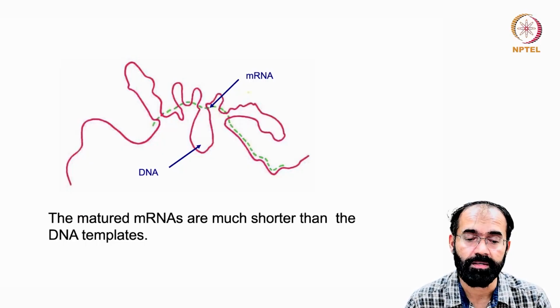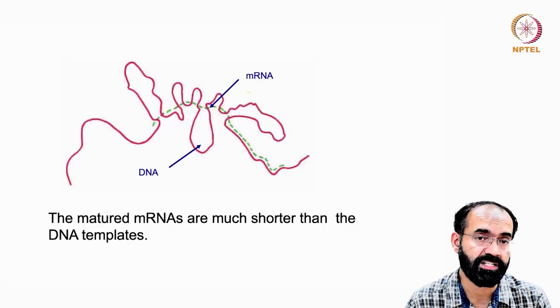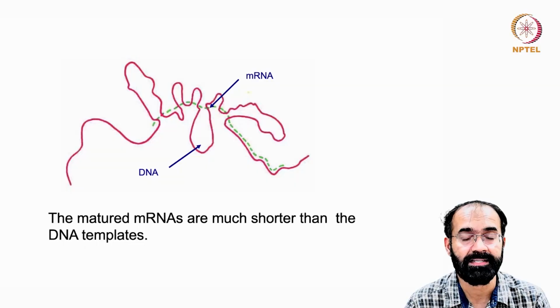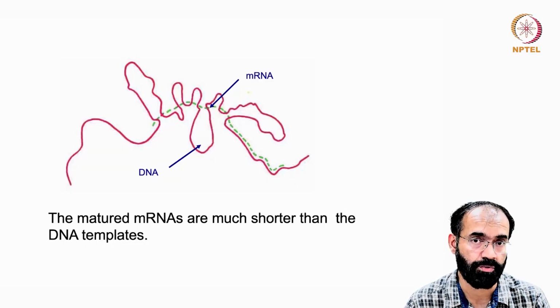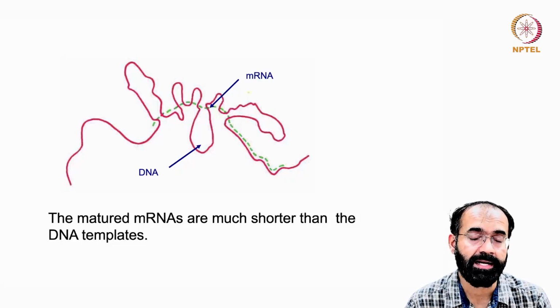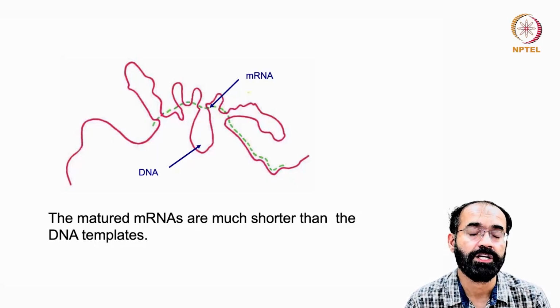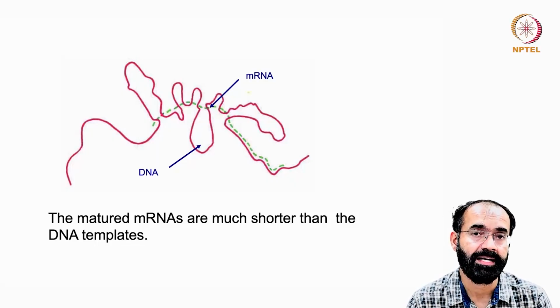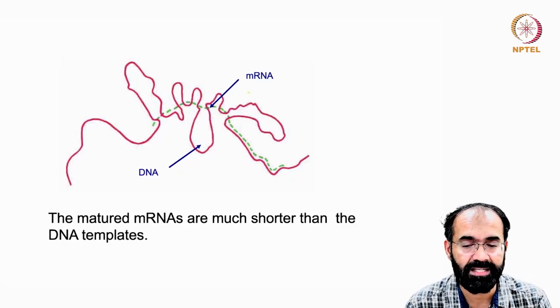RNA is pairing throughout, but a lot of fragments of the DNA are projecting out, much larger than the RNA size itself. Usually the RNA size and the displaced DNA loop should match, but here the matching doesn't happen, it is disproportionate. For an RNA of smaller size, the displacement is of huge DNA fragments, which are nothing but the introns.